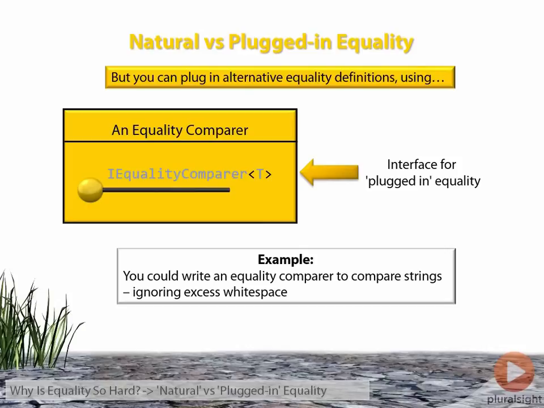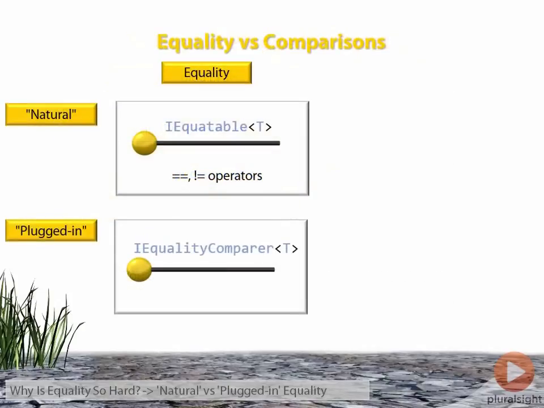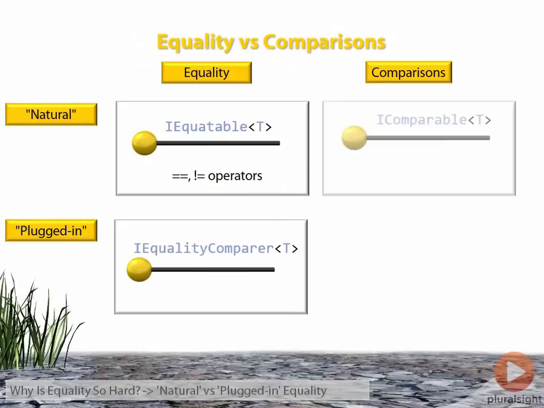Things work basically the same way for doing ordering comparisons. The main difference is that you'll use different interfaces. The slide shows the situation I've just explained for equality, and by analogy, .NET's mechanism for any type to declare its own natural way of providing less than or greater than type comparisons is based on an interface called IComparable of T, and C# gives various operators as well to assist in that.